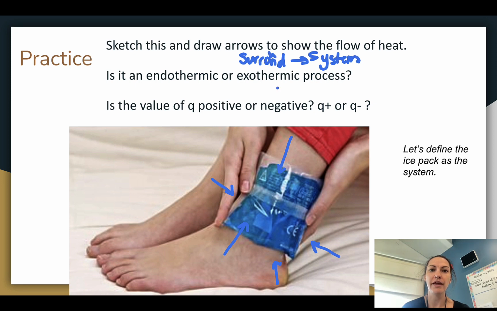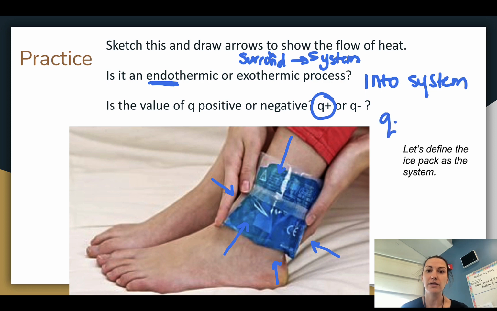So this would represent an endothermic process because energy is going into the system. We're going to assign that a positive Q value. So this would be Q plus because the potential energy is going up as energy is going into the system.